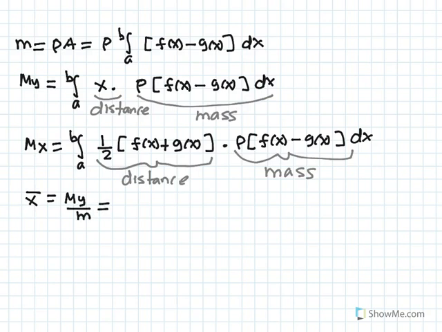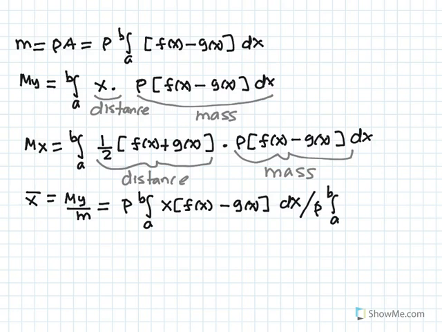And the moment with respect to the y-axis is rho, which is a constant and comes out of the integral from a to b, of x times f of x minus g of x times dx, divided by the mass, which is rho times the integral from a to b of f of x minus g of x dx. Y bar is equal to Mx divided by the mass.